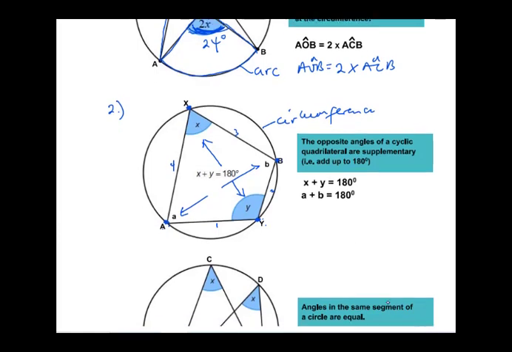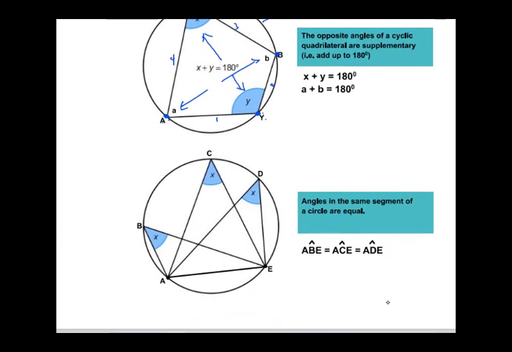And the last theorem that I will be making use of in this question is: angles in the same segment of a circle are equal. Now, we know what a segment is. A segment is a region bounded by an arc and a chord.